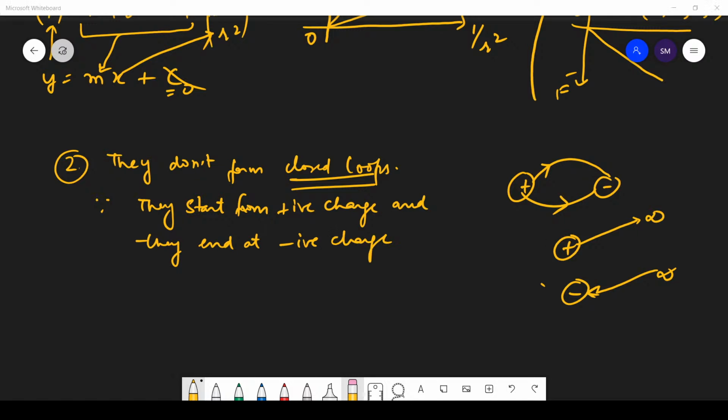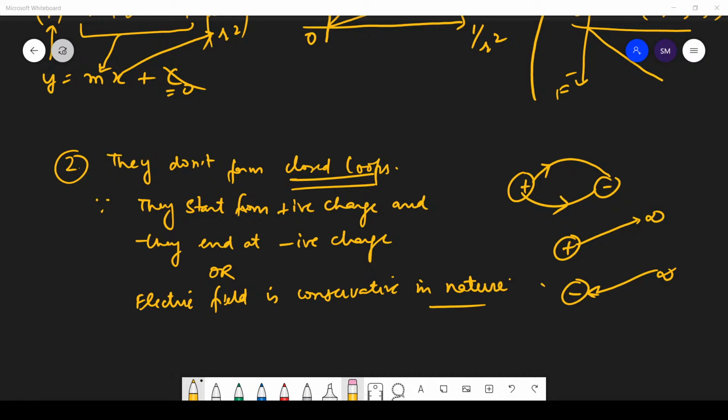Okay. Sir, is there another way? Yes, you can write that the electric field is conservative in nature. That's also the same thing.